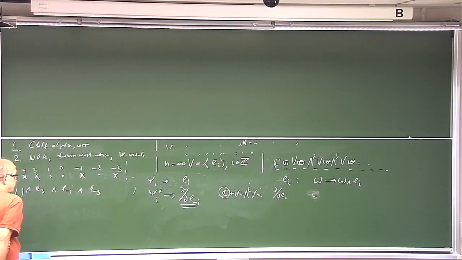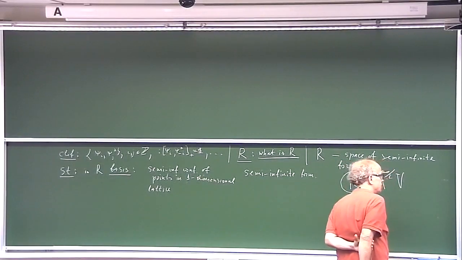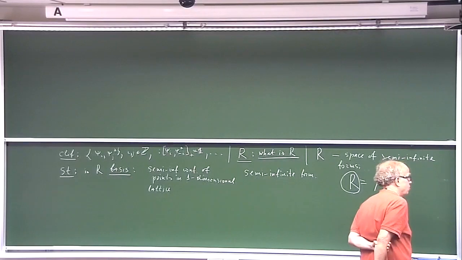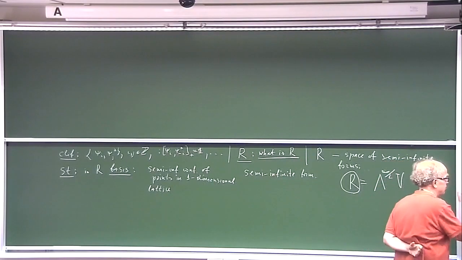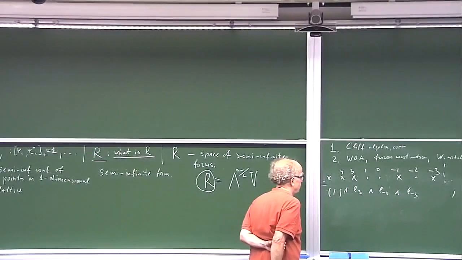Okay, and now these are the basis, and the Clifford algebra, as I said, is acting there in a more or less evident way. You have to be a little bit accurate, but if you write down how it is acting, no problem.